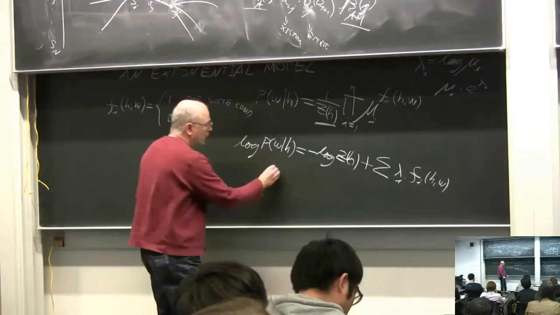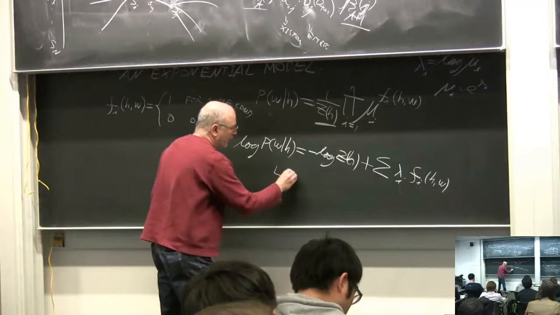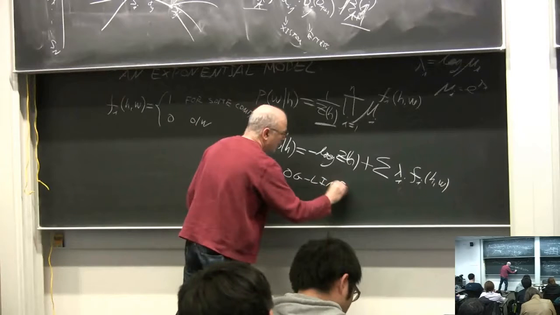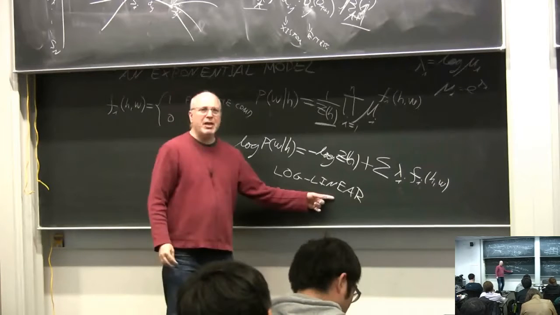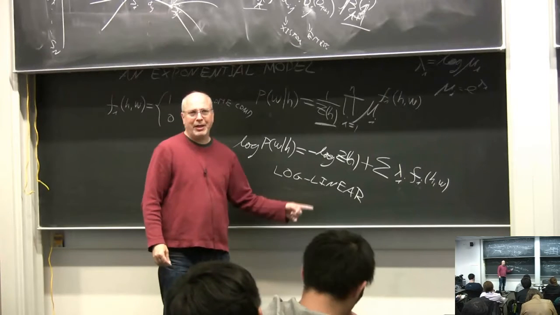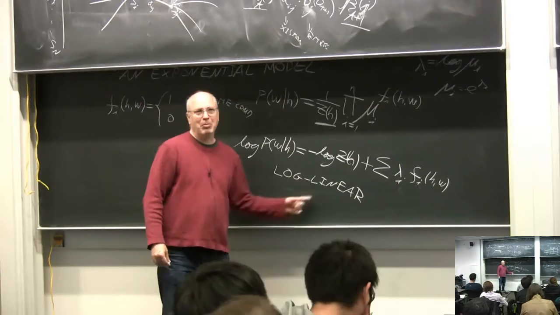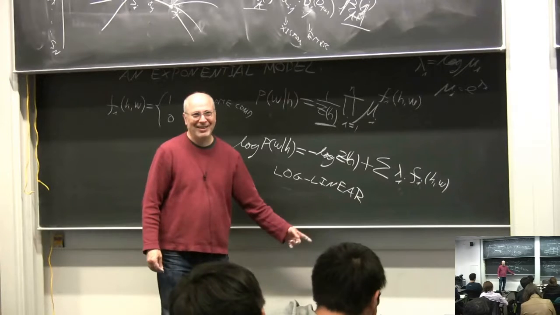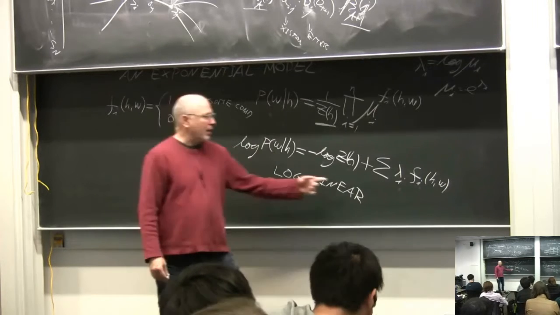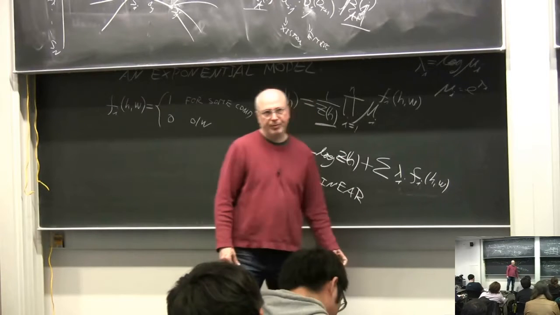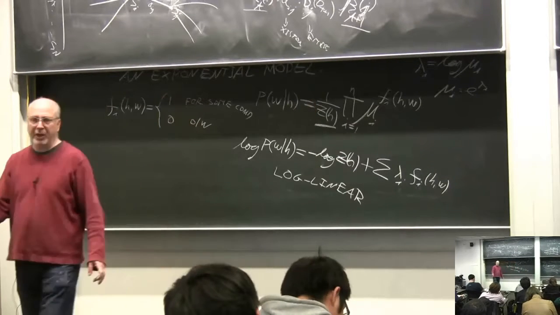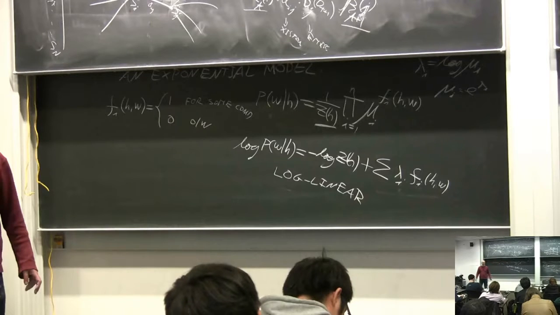When the model is viewed this way, it is called log linear. It's kind of a strange terminology. What it means is that the log of the model is linear, not that the model is log linear. The log of the probability is a linear combination of features. So log linear model and exponential model are the same thing.